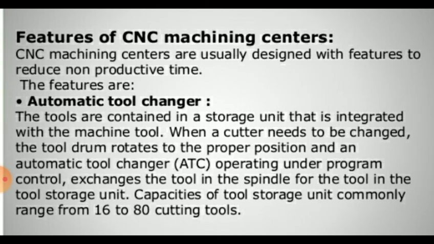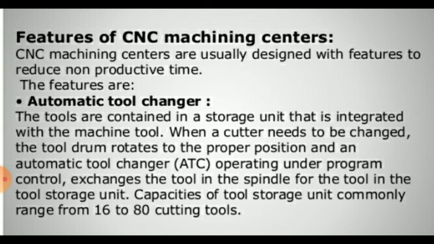So CNC machining centers are usually designed with features to reduce non-productive time. These features are automatic tool changer. The tools are contained in a storage unit that is integrated with the machine tool.